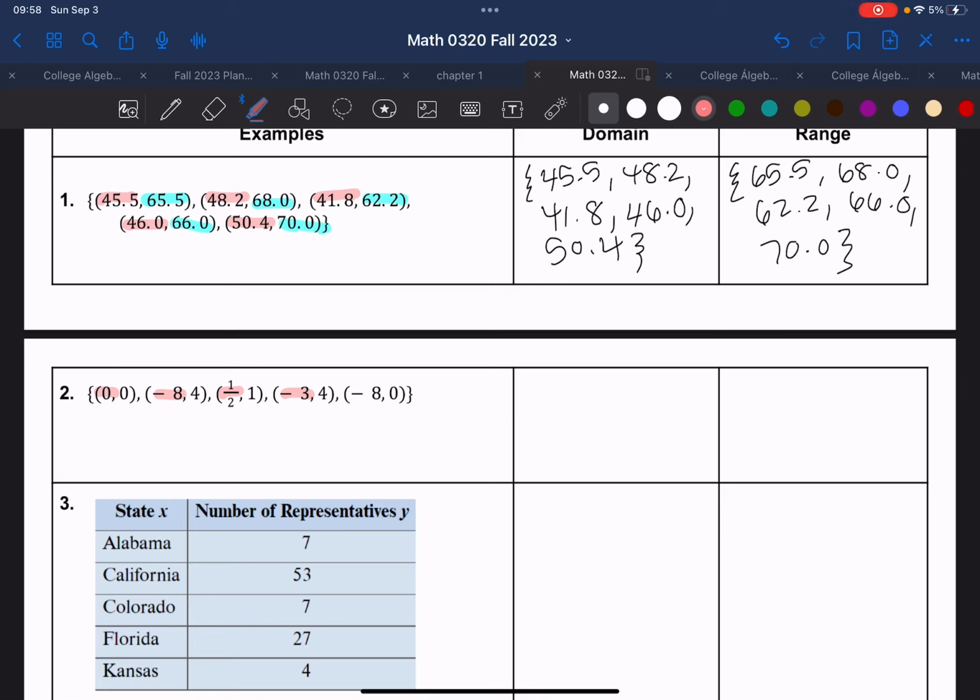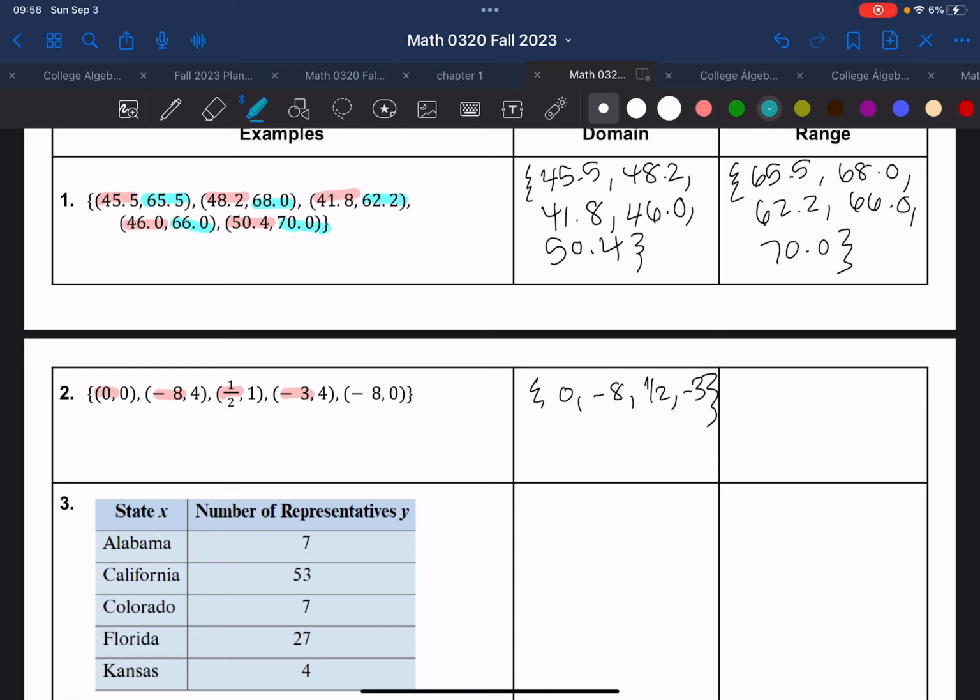So since we already highlighted a -8, I'm going to go ahead and not highlight that second -8. So if I'm writing my domain, the only numbers I'm writing are 0, -8, 1/2, -3 in the curly brackets. Again, I do not write repeated numbers. That's why there's not a second -8 here.